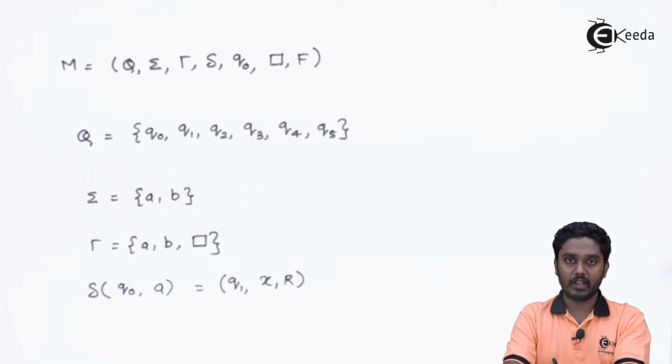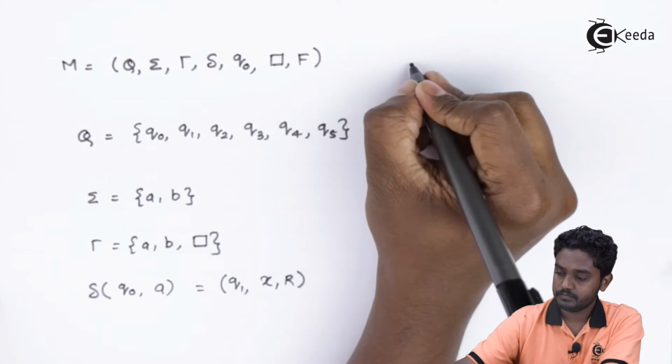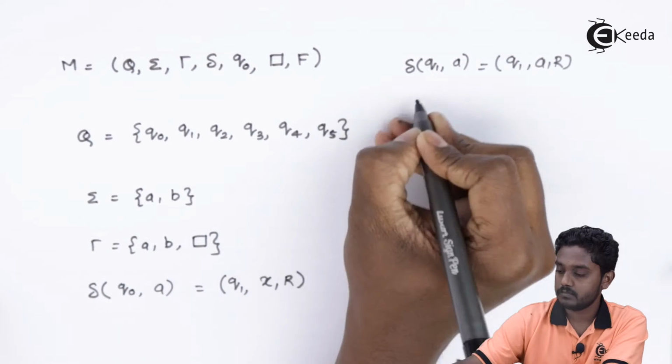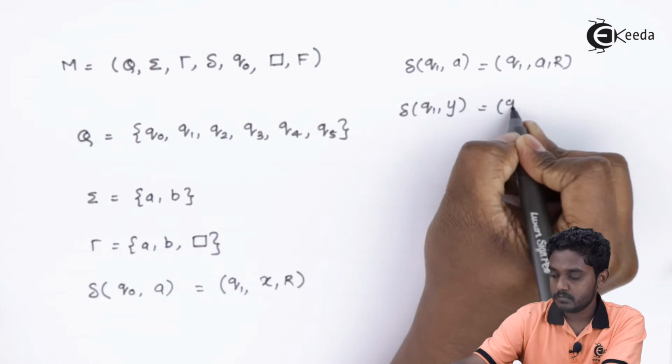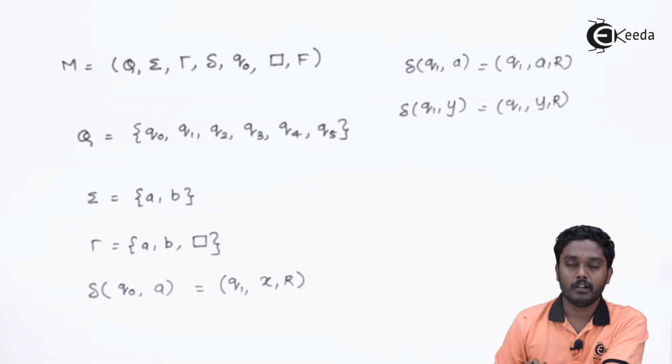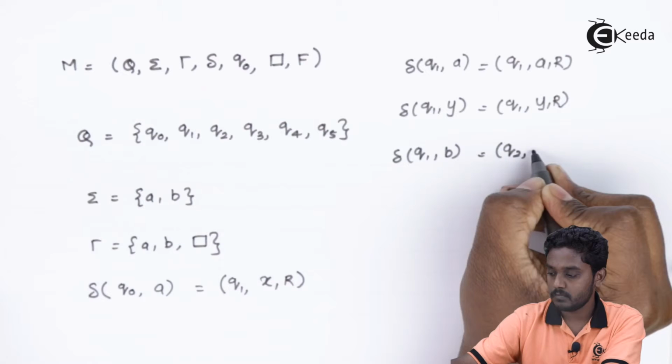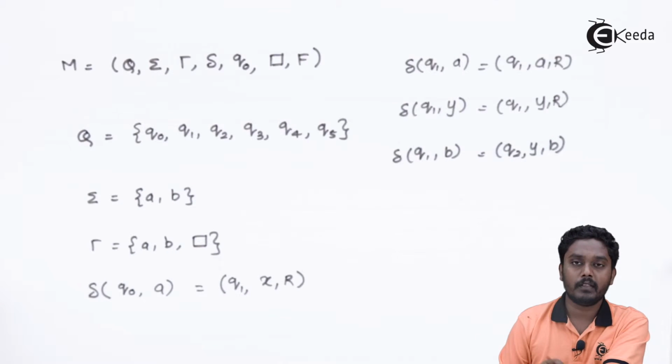Q1 will skip all A's and Y's. On the first B, it will go to the next state, Q2, replacing the B with Y.